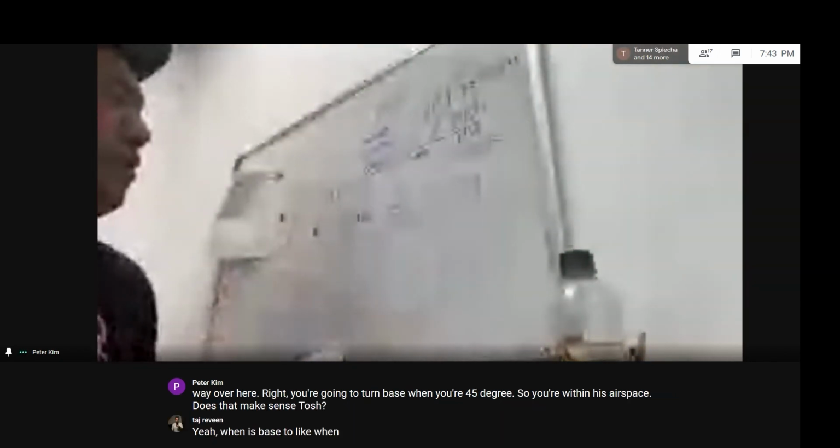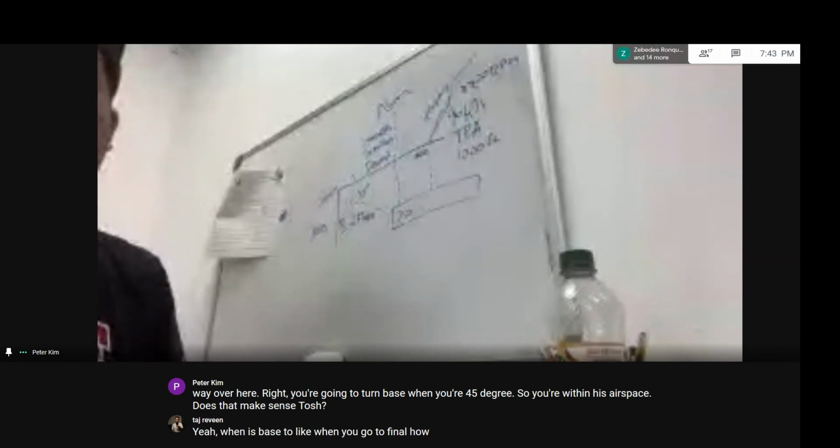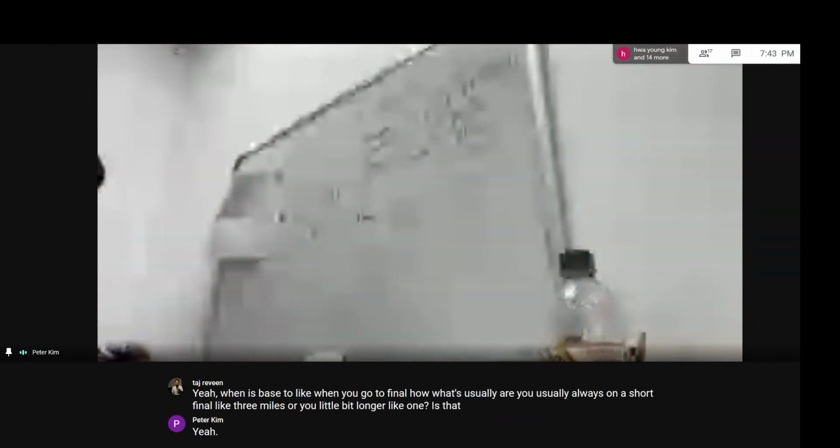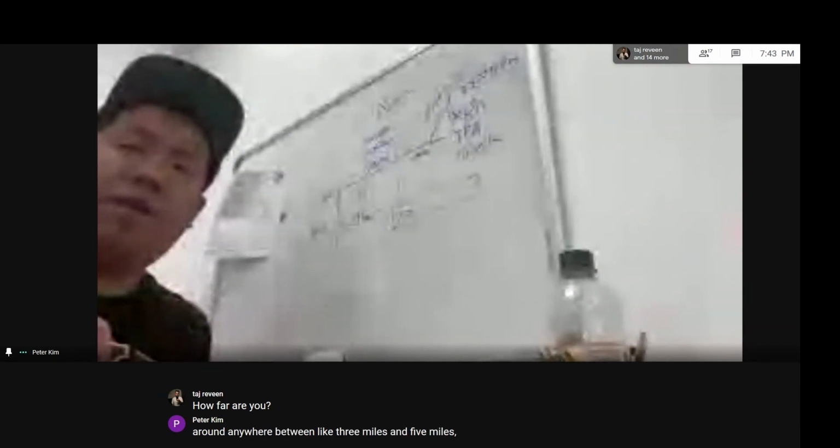When you go from base to final, are you usually on a short final, like 3 miles, or a little bit longer? How far are you when you make that turn? That turn should be anywhere between like 3 miles and 5 miles, I think.